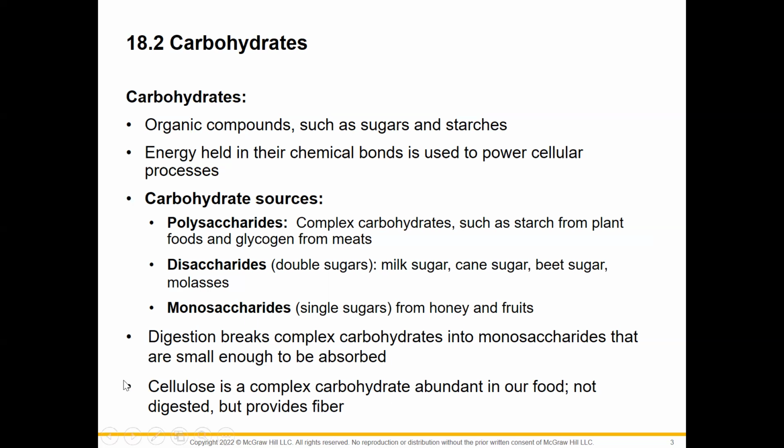Cellulose is a type of complex carbohydrate that we find a lot in food. Cellulose is a carbohydrate, yes, but your body does not digest it. Your body cannot break it down, which means your body cannot absorb it. And that's okay.